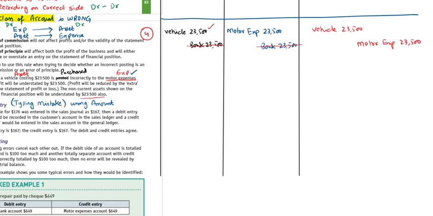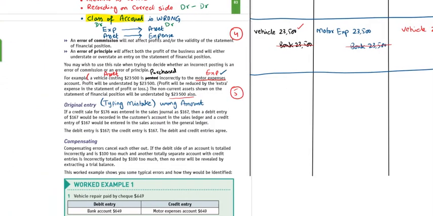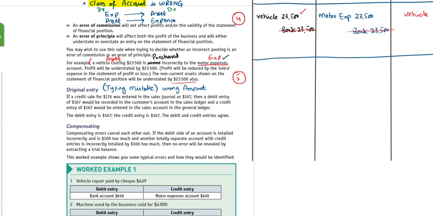For example, this is the fifth error, error of original entry. The original entry is a credit sale for 176 entered in the sales journal. So this is the original entry of the credit sale.